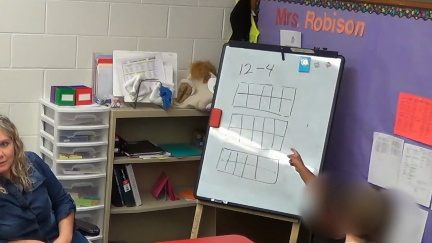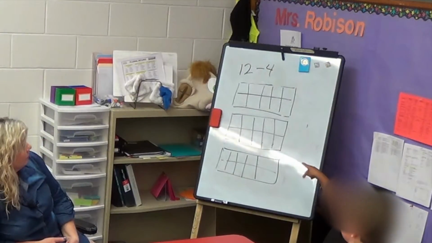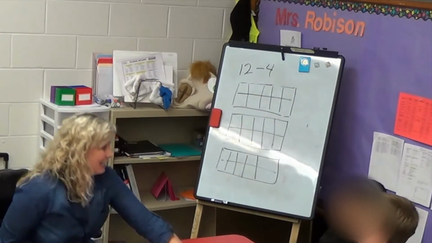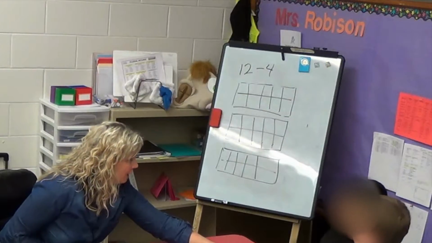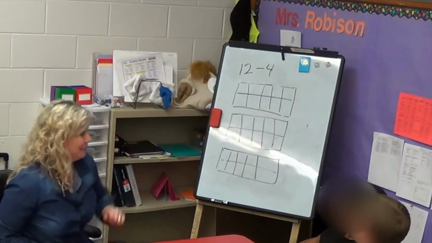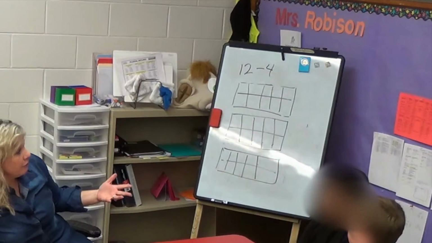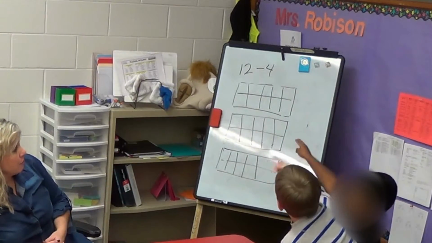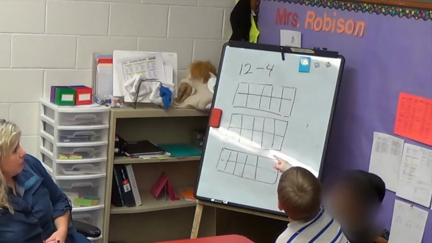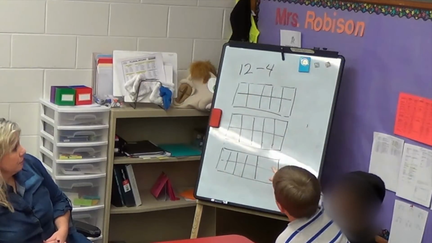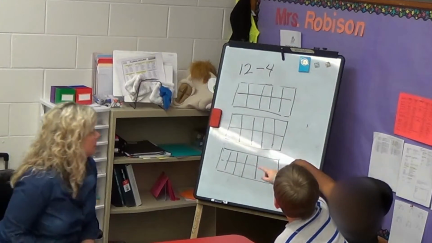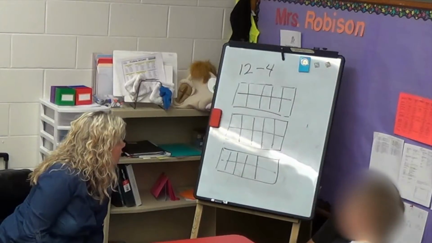Okay, so we have 12 and then take away 4. But what would that look like? If you had to tell me what to draw, I would tell you to draw 12. I would draw a whole 10 and 2 more, 2 on the bottom, and then 2 more from the top.